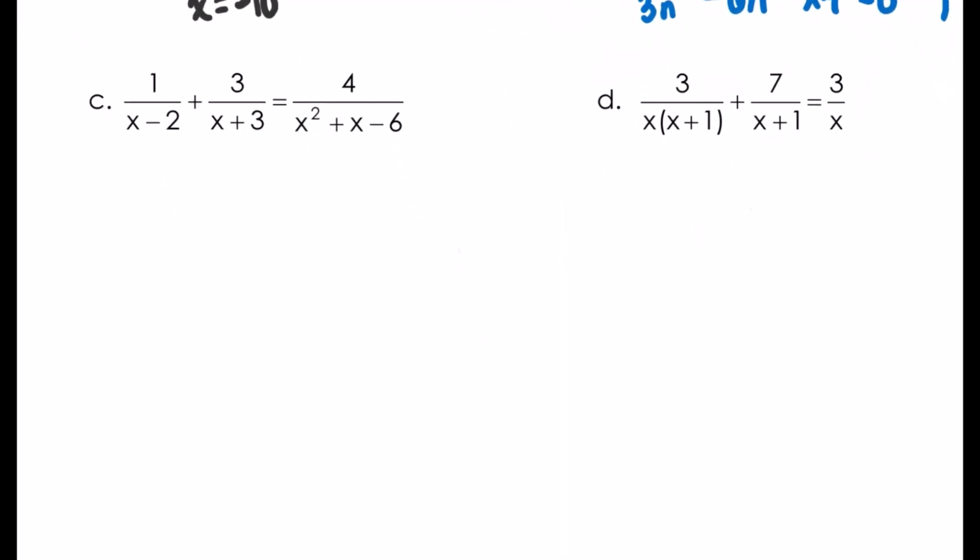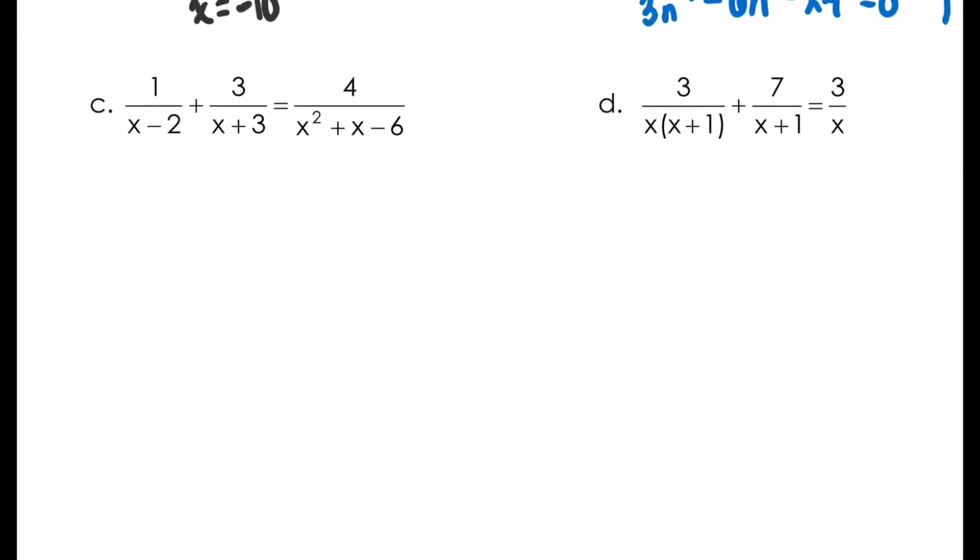All right, looking at example C, 1 over x minus 2 plus 3 over x plus 3 is equal to 4 over x squared plus x minus 6. Well, my denominator on the right-hand side, notice, is x plus 3 in its factored form and x minus 2.